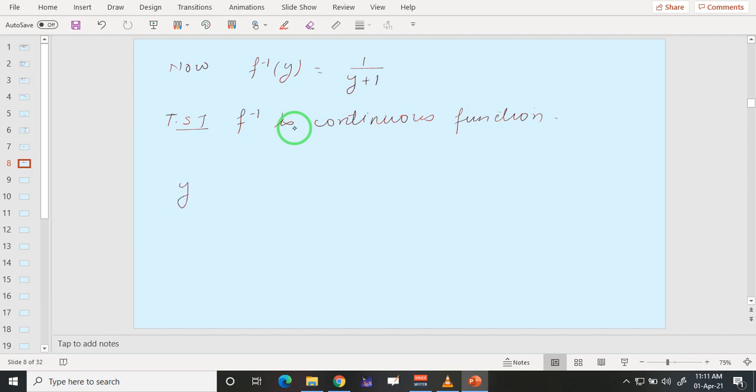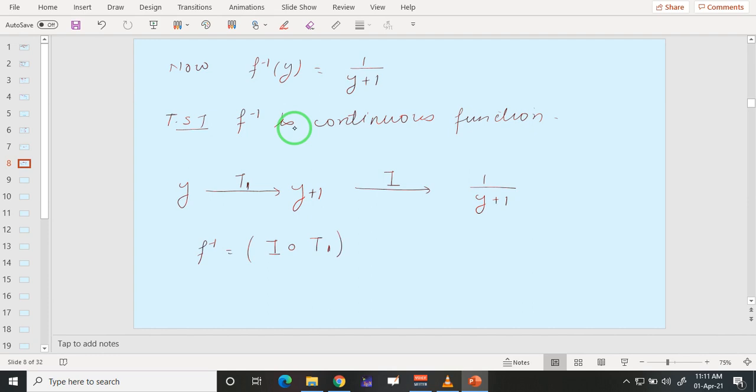So your y first goes to y plus 1, and then y plus 1 goes to 1 upon y plus 1. So this is translation by 1 and this is inversion. So you can write your f inverse as I, that is inversion, composite translation by 1.